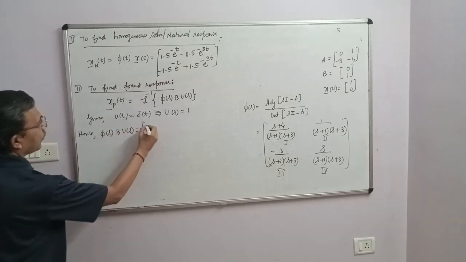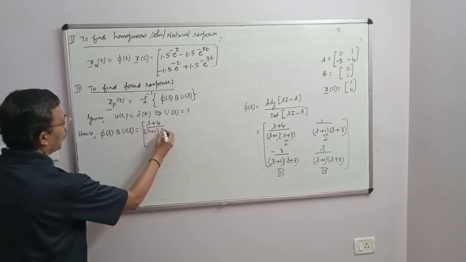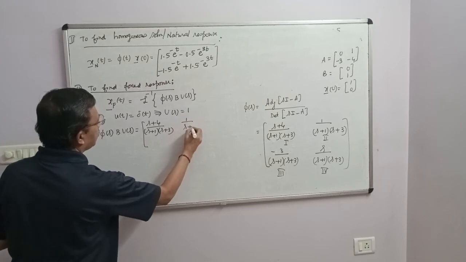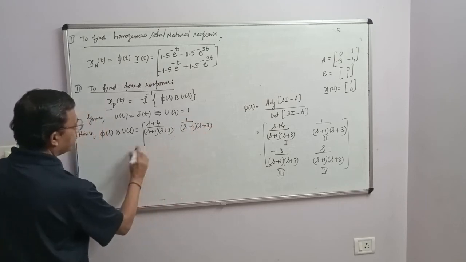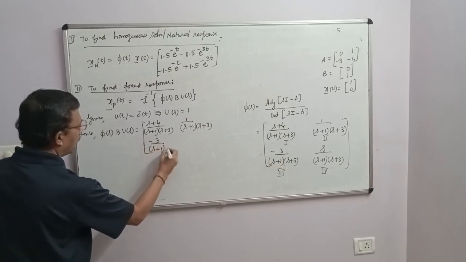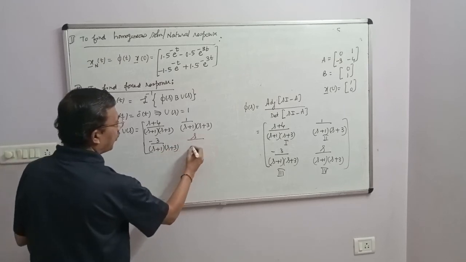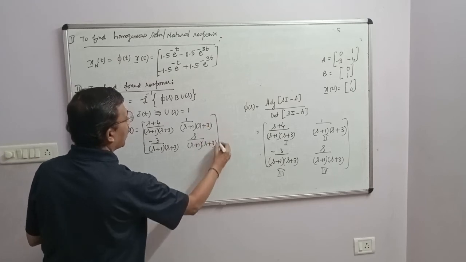Phi of s is s plus 4 divided by s plus 1 into s plus 3, 1 over s plus 1 into s plus 3, minus 3 by s plus 1 into s plus 3, s divided by s plus 1 into s plus 3, multiplied by b.